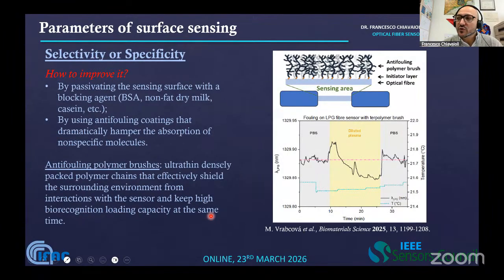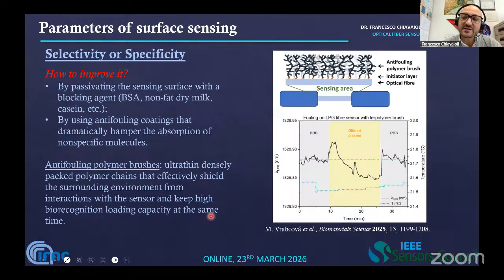How is it possible to improve the specificity or the selectivity of the device? This is quite fundamental, especially in the translation of the device to clinical scenarios. One way that we discovered is to use what we call anti-fouling coatings. These anti-fouling coatings usually have a double advantage.